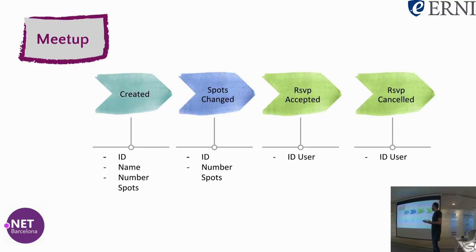We have a created event, which contains the data for the meetup: the name, an ID, and the number of spots available. We have a spots changed event, which will change the number of spots. So instead of an update, you are just appending an event to change the spots from the original creation. And RSVP accepted and RSVP canceled events carry the IDs of the users that are coming to the meetup or the ones that are canceling their invitation.